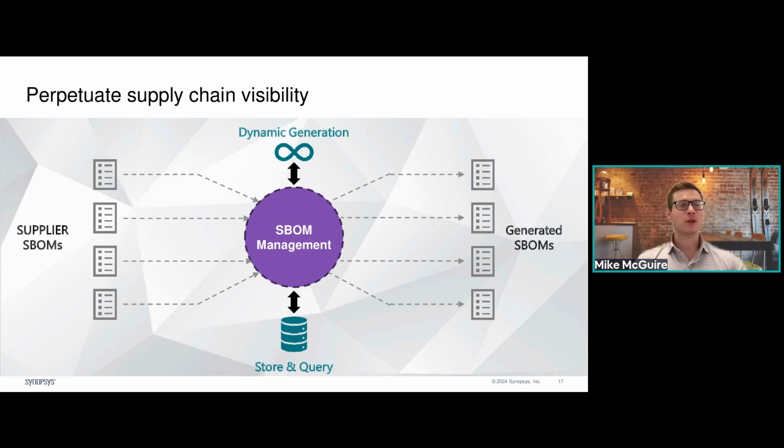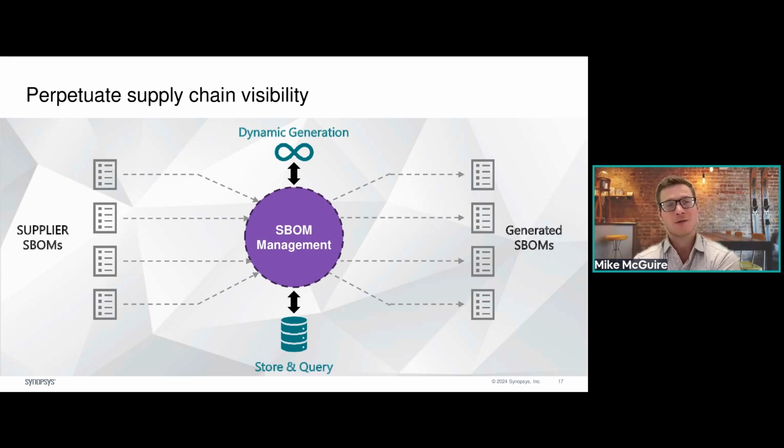And of course, you need to find a way to make that software bill of materials actionable. So if you see in the news that Apache Log4j 2.12 has a critical vulnerability associated with it, you need a way to query all of your SBOMs that you have stored, which reference all the different versions of all the different applications that you might have out in production.